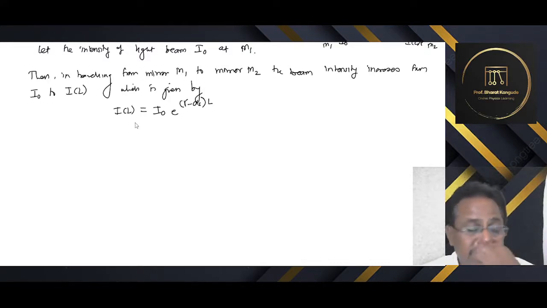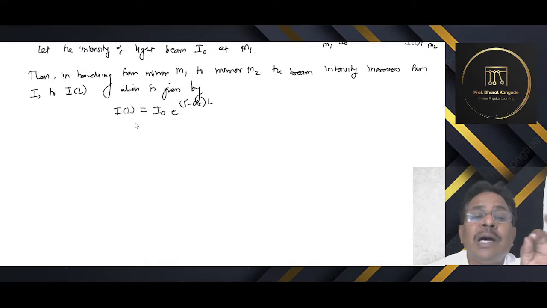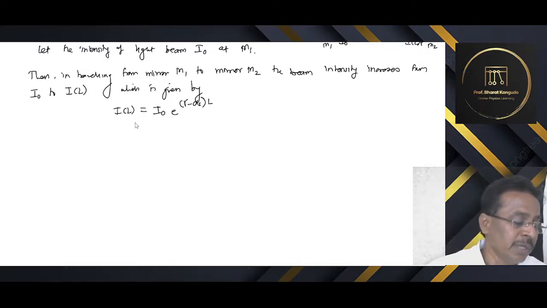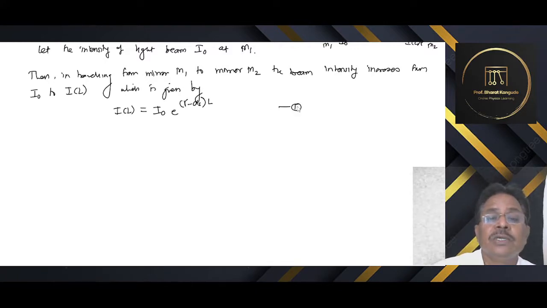That is how the intensity of light, which is amplified from mirror M1 to mirror M2, will either gain or lose depending on gamma and alpha S. If gamma minus alpha S is negative, it is an exponentially decreasing function. If it is positive, it is an exponentially increasing function. We need gamma to be more than alpha S. So that is to be understood here. Now after this is the first operation, the first equation.